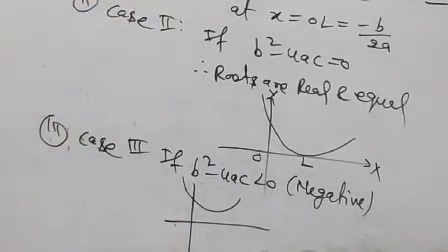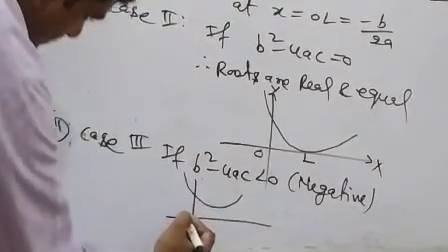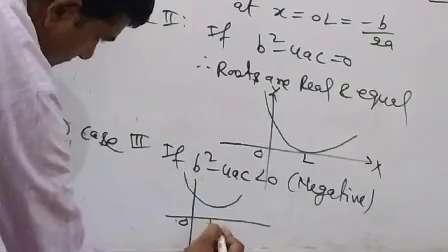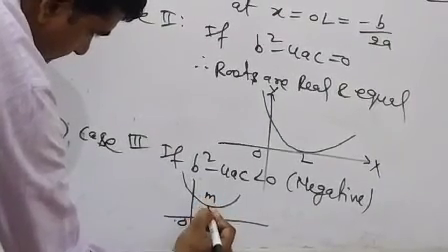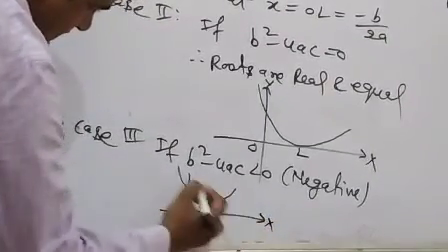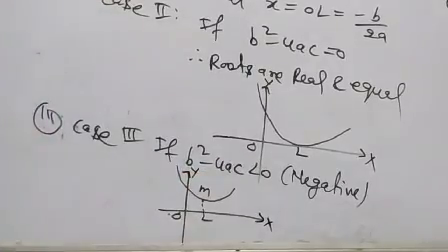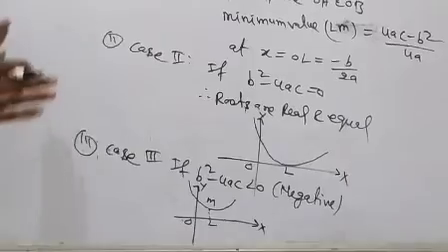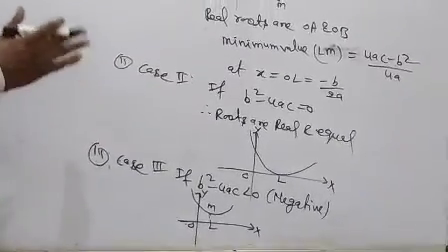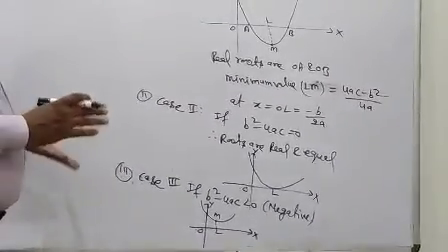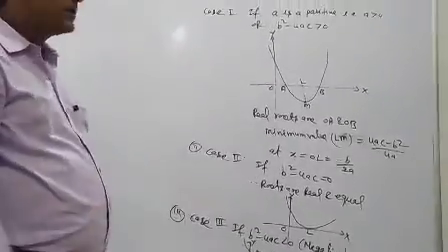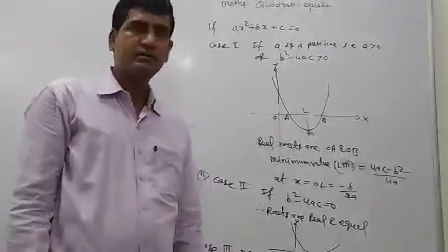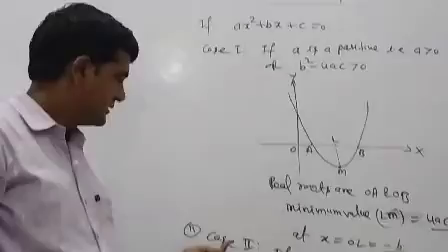About this one we will make O, L, and M, like this. This is X and this is Y. Any problem? With the help of this diagram, we can solve many quadratic equations. Any doubt? Once more I am going to explain here.